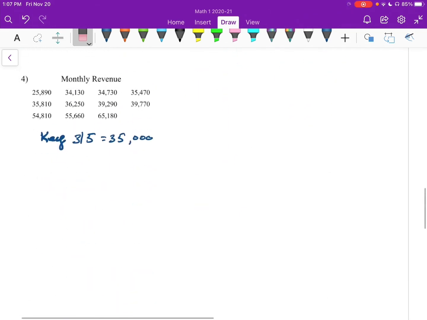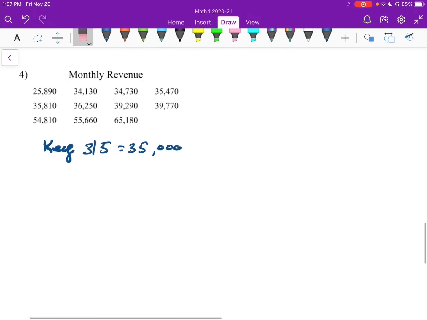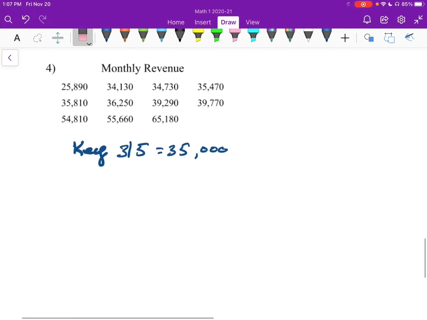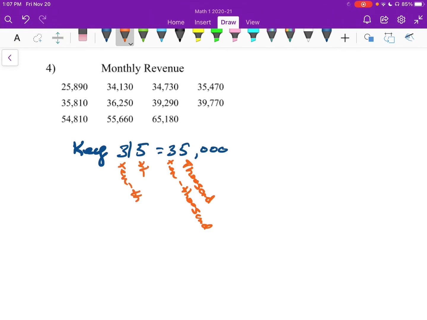Number 4, monthly revenue. This one, again, I think is pretty similar to the last one. We have the 10,000 and the 1,000. We have before been writing it here, 10,000 and 1,000.